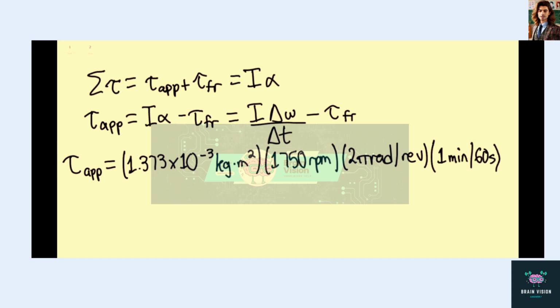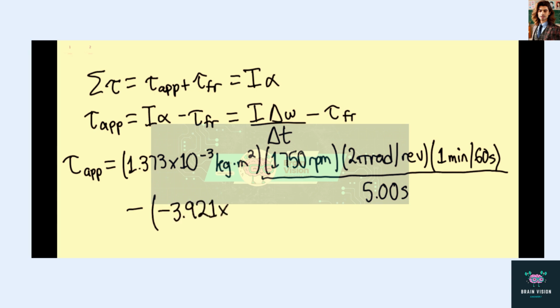And then we're going to divide this entire thing by 5.00 seconds, so 3 significant figures. And then we're going to subtract the frictional torque of negative 3.921 times 10 to the negative third Newton meters.